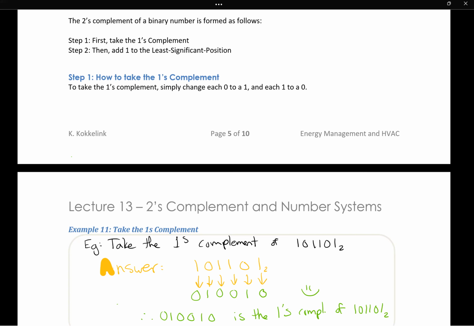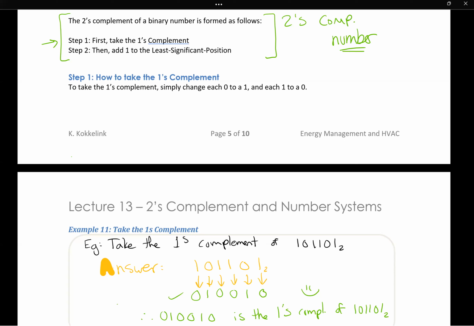Great. So that's step 1, isn't it? Because I said to take the 2's complement of a binary number. So this is the 2's complement number, okay? Not the system. This is a 2's complement number. How to find it? Step 1, you take the 1's complement. There it is. Done.